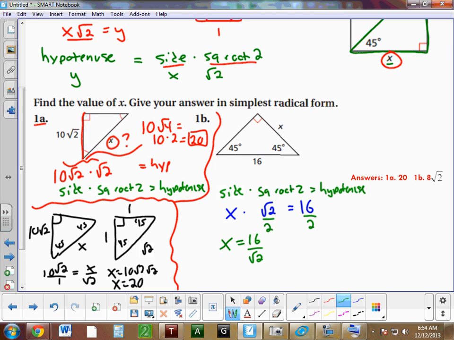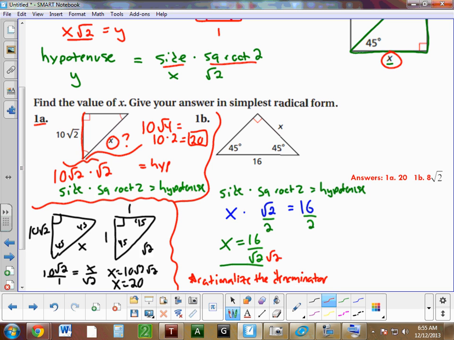Now, one thing that you may remember from algebra is that while this is a correct answer, you're not supposed to have a square root in the denominator. So if you remember, we need to rationalize the denominator. So I'm going to do that.